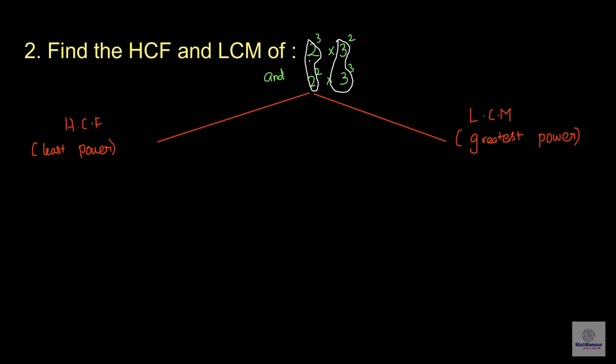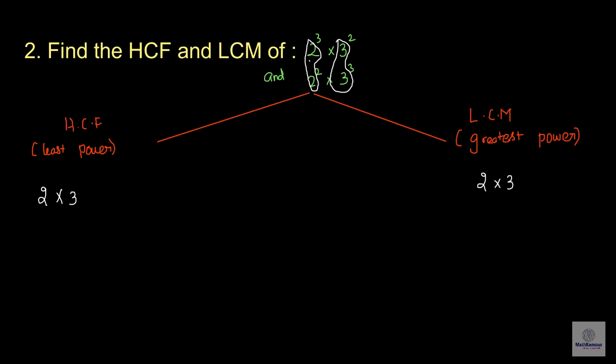So the both bases will be selected for HCF. Whereas for LCM, என்னென்ன பேஸ் எல்லாம் அப்பியர் ஆயிருக்கோ whatever is available, you will select everything for LCM. So அப்படி பார்த்தாலும் base 2 and base 3 will be selected for LCM.